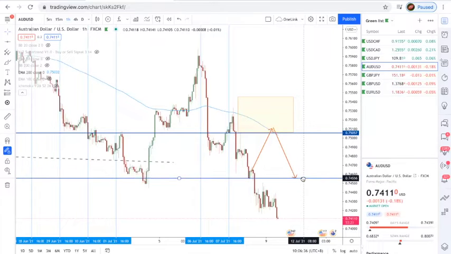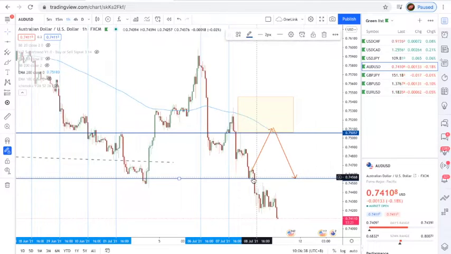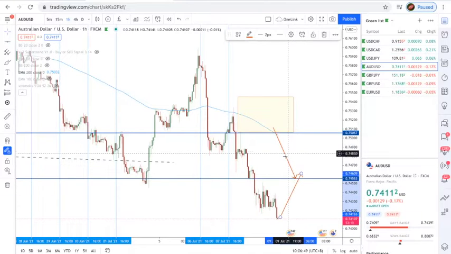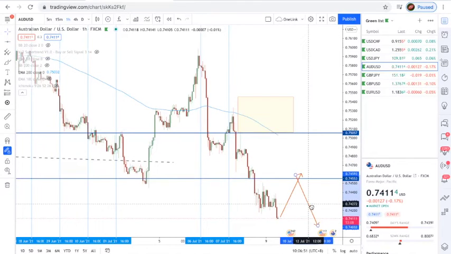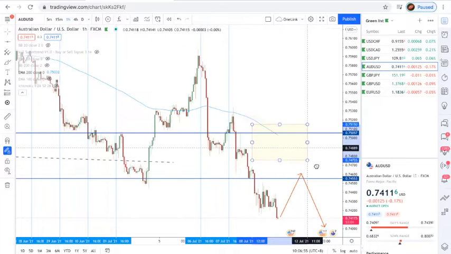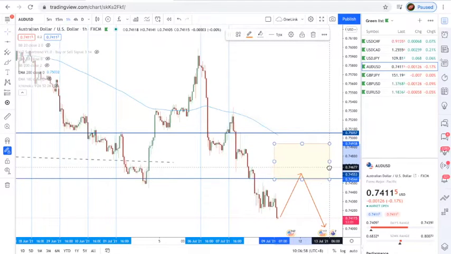Let me take this one, around here, taking these two points here. This will be my sell position for Australia USD. The market can move this way. This is the direction of the market at the present moment. The market is going to move up to this region, then start coming down.